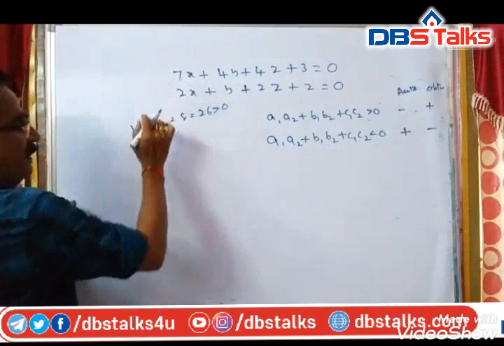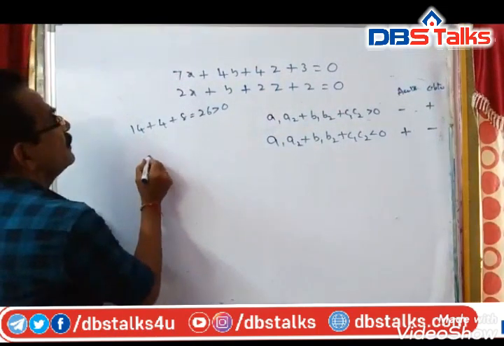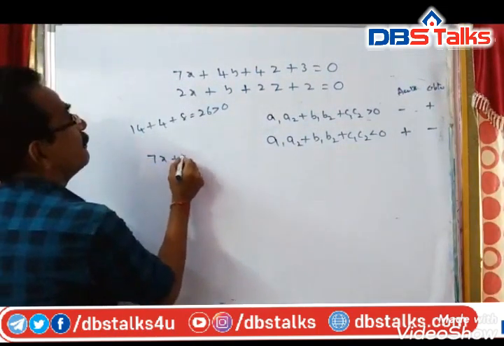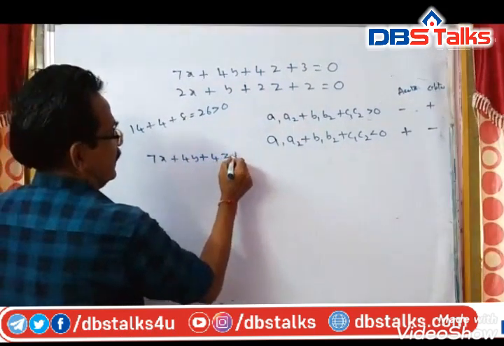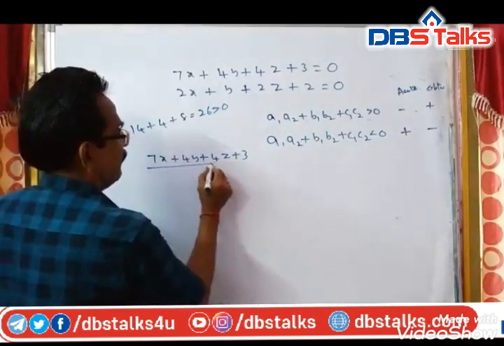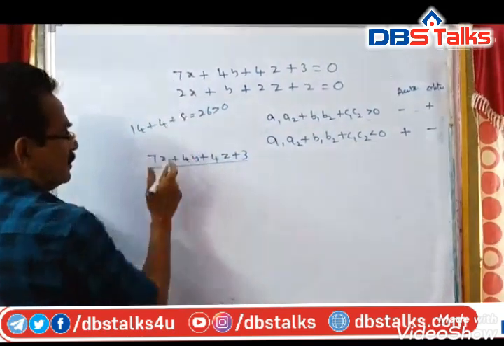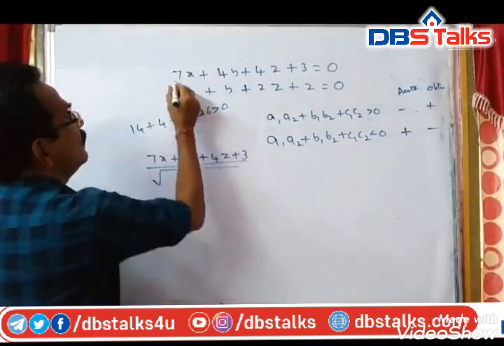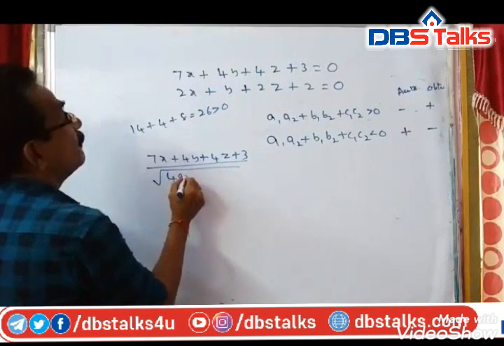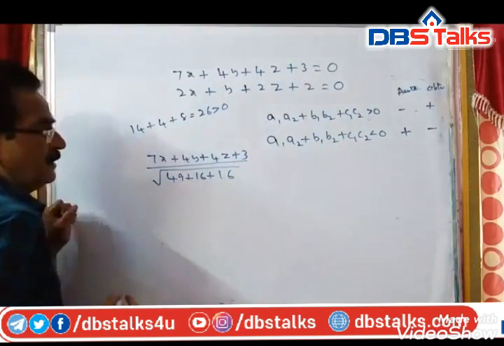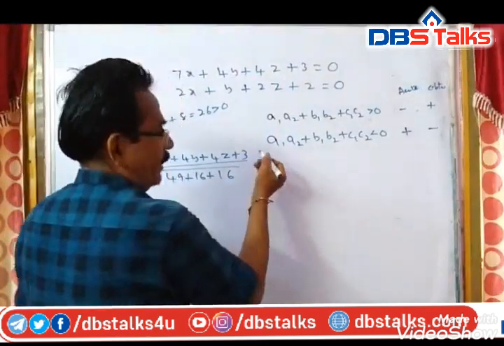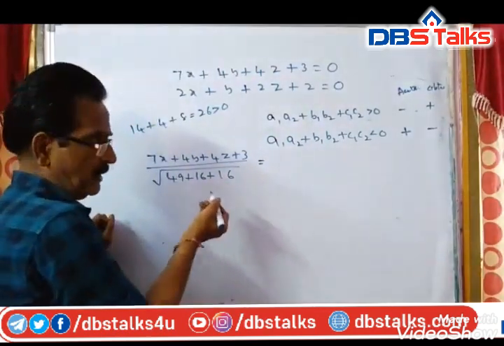Okay friends, now let us see. (7x + 4y + 4z + 3) / root of (7² + 4² + 4²) is equal to, actually our formula is plus or minus.